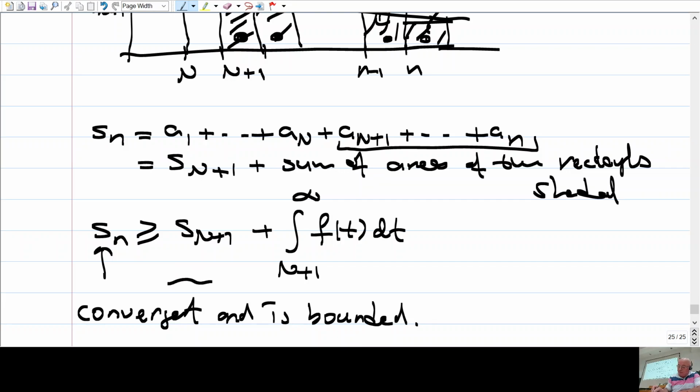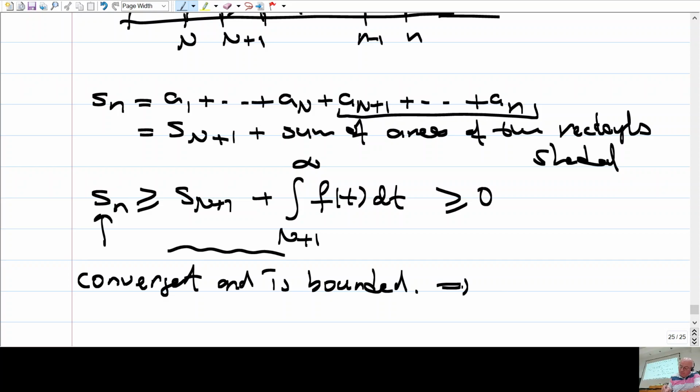Therefore, this thing is bounded. This is always, of course, positive. Everything is positive, right? I have an object which is less than a fixed number. So this thing is bounded. This implies this integral is bounded.